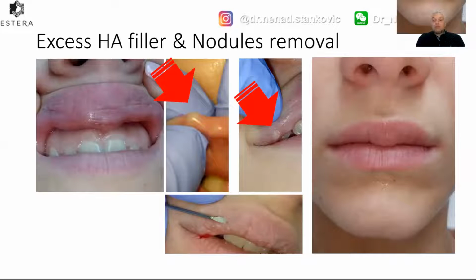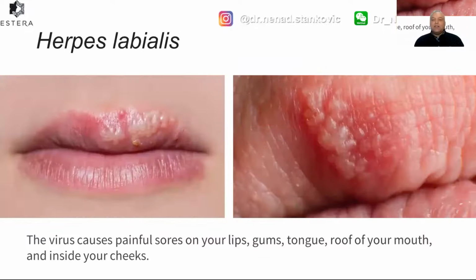So I thought maybe it wasn't a hyaluronic filler at all. So I took a needle and pinched that white ball, and the hyaluronic filler completely went out, and I saw it actually is hyaluronic filler. With the application of the hyaluronidase, we got the result here. So it's really nice after that. So you have to be sure.